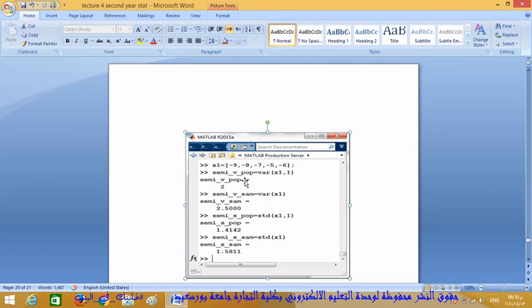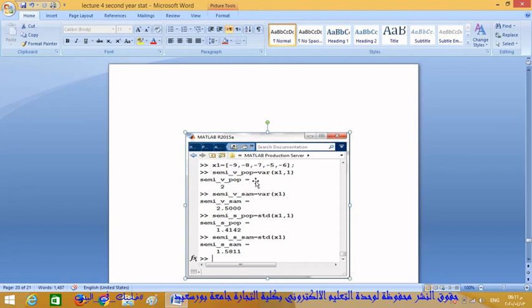The semi-variance equals var of x1 and 1. So x1 means the downside deviations, the negative profits, and for a sample the variance equals var of x1.